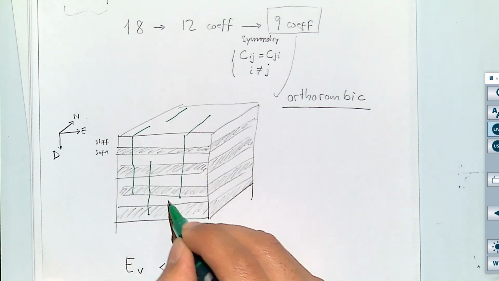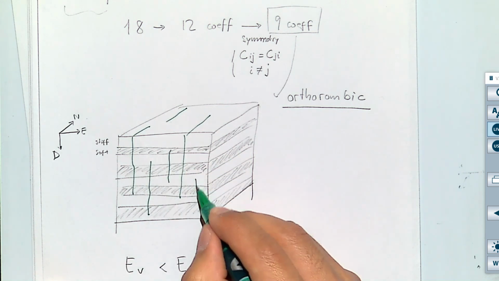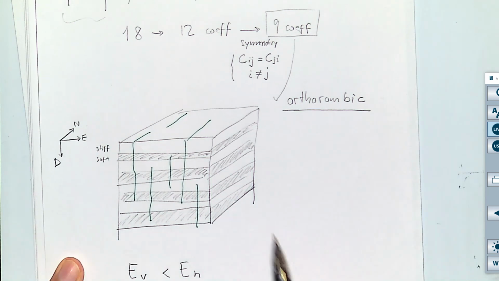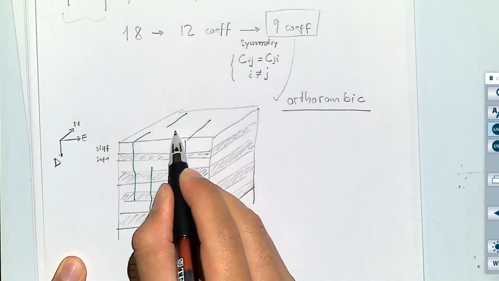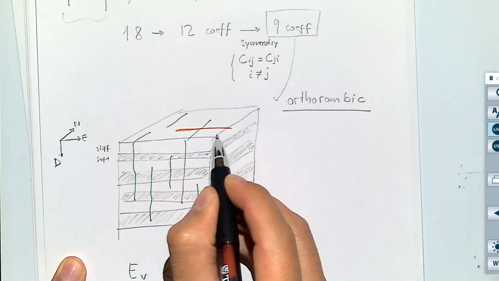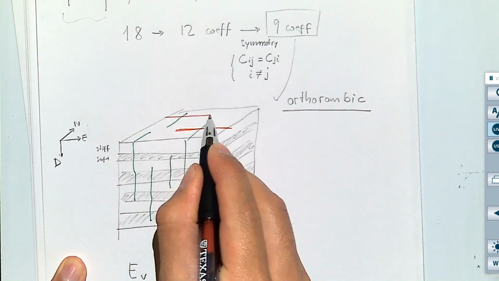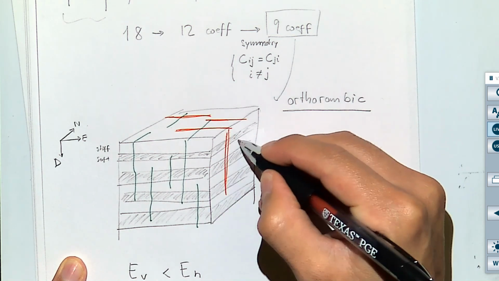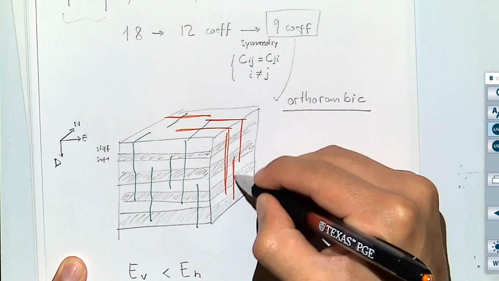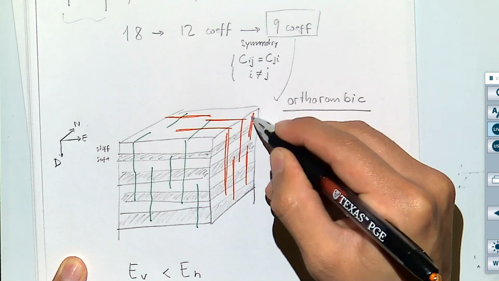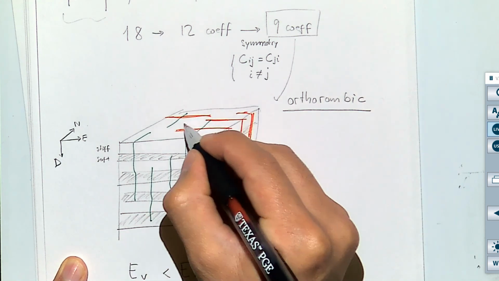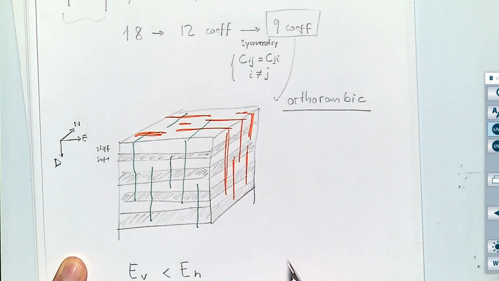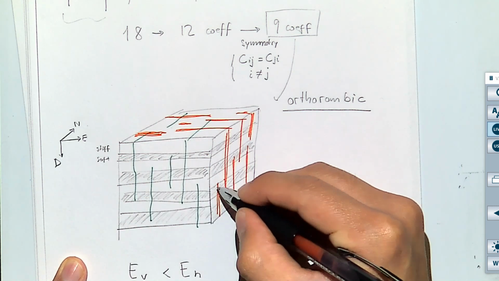If I have fractures in one direction which are different from fractures in a perpendicular direction, then the stiffness is also going to depend on which direction you're looking at.